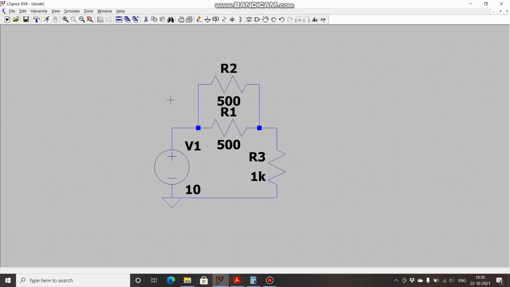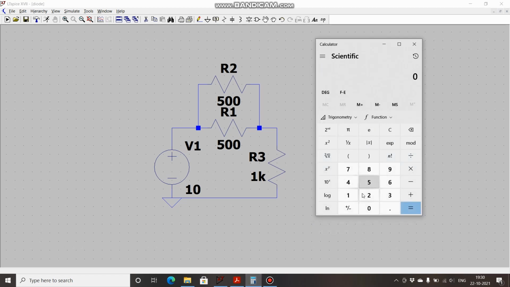Suppose this is the circuit that you are having and you are given the task of finding the voltage across this resistor. You know that these two resistors are in parallel. 500 in parallel with 500 gives you an effective resistance of 250, so 250 ohms over here and 1k. If you find out the voltage across this, it is going to be 1k into 10 divided by 1250.